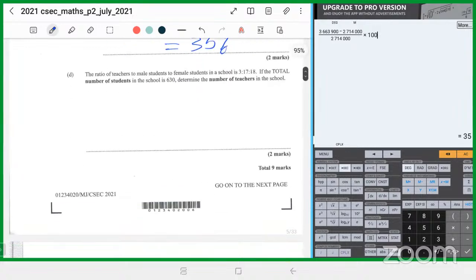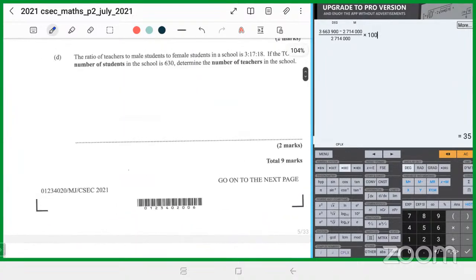Next question. It says the ratio of teachers to male students to female students in a school is this. Teachers to male to female, that is the ratio. It said the total number of students in the school is 630. Determine the number of teachers in the school.